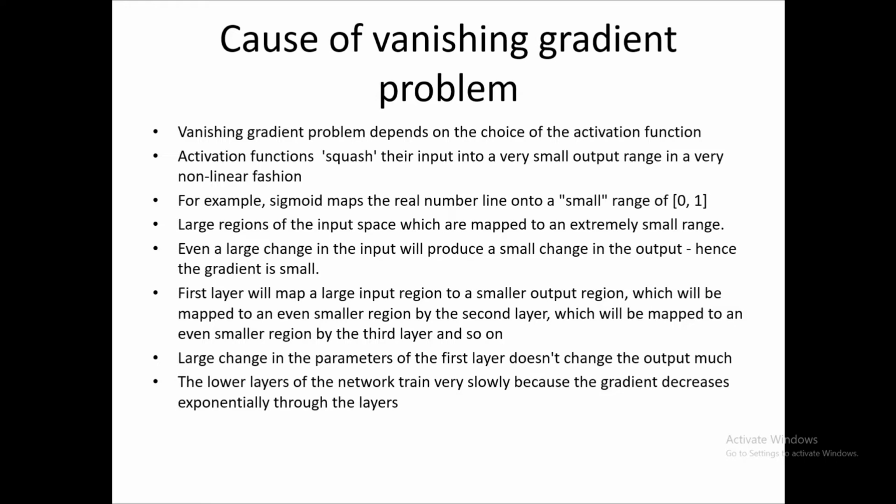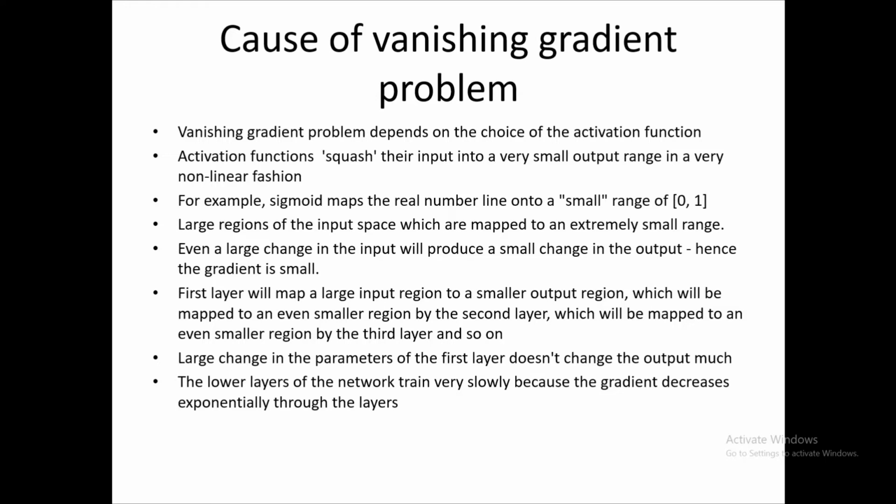In our previous slide we saw how the sigmoid function squashes the value. The sigmoid function maps the real line into the small range of 0 and 1, so large regions of the input space are mapped to an extremely small range. Even a large change in the input will produce a small change in the output, hence the gradient is very small.